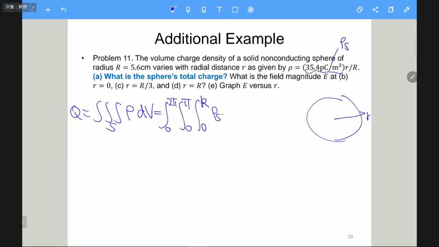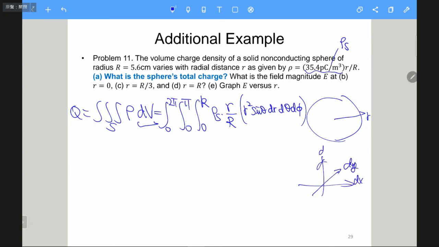So we have rho s times r over capital R. And then for this dV, it should be r squared sine theta dr d theta d phi. So rather than using dx dy dz, here we will usually use the spherical coordinates.